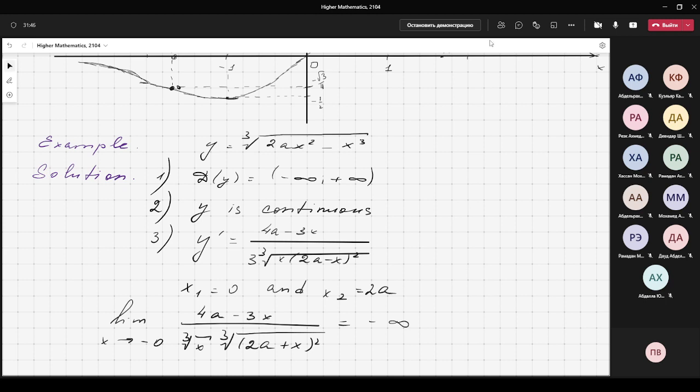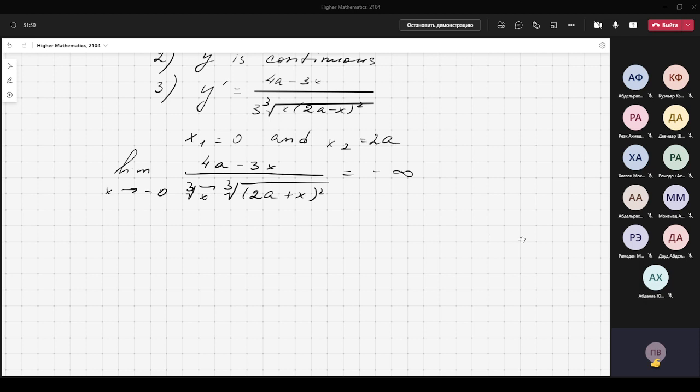And the same limit as x approaches plus 0 of 4a minus 3x over this denominator equals plus infinity.